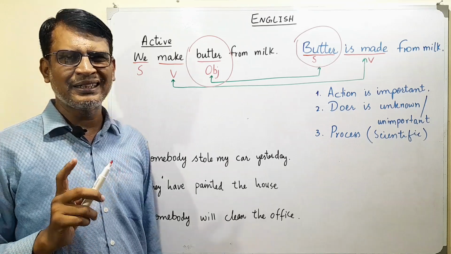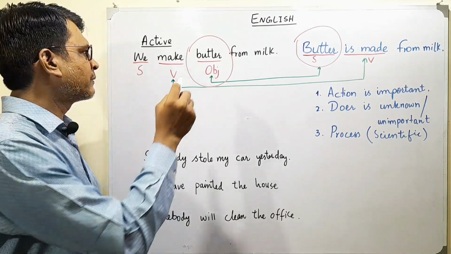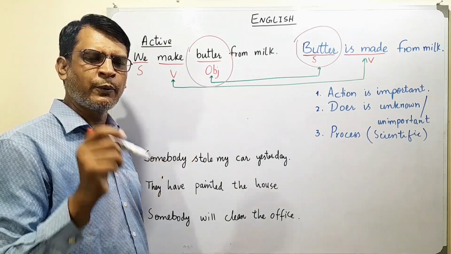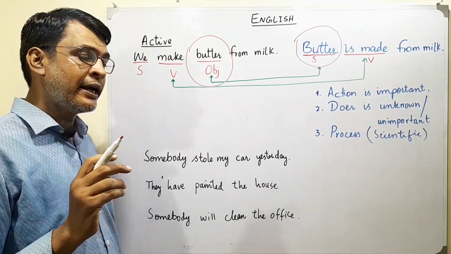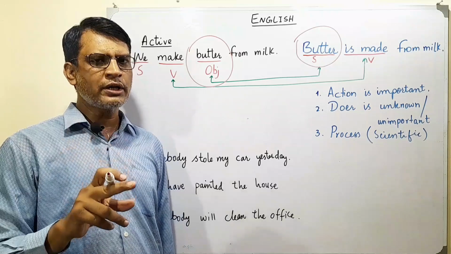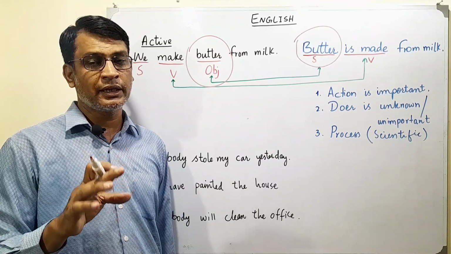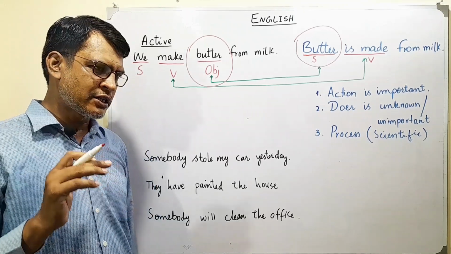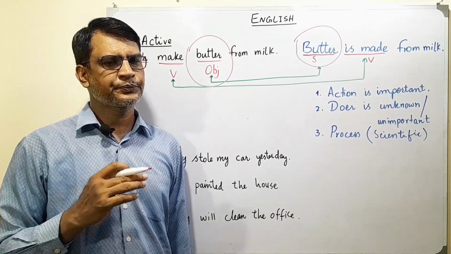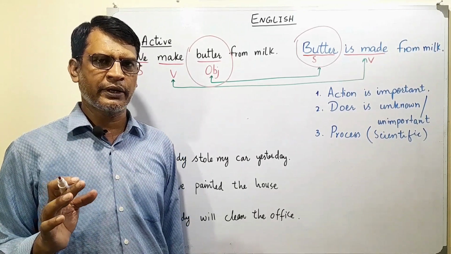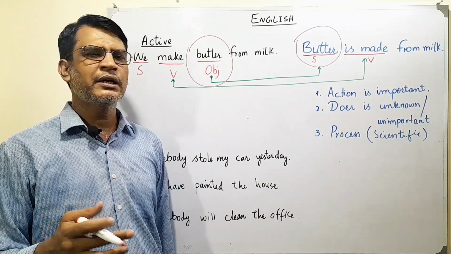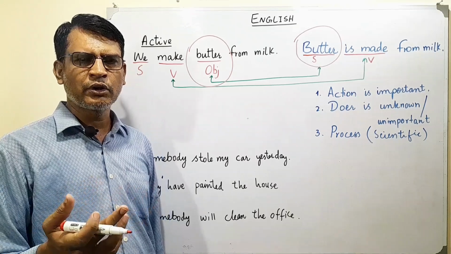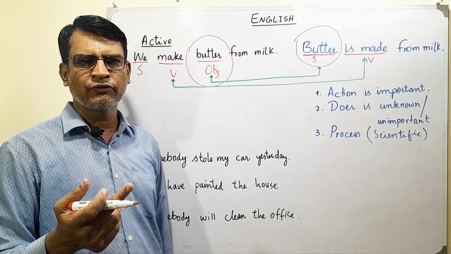That's the one key thing that you need to remember: in an active sentence, first find out where the object is. And there is another problem that comes with active sentences, that some of them do not have an object. They may have a complement, they may have an adverbial, but they do not have an object.